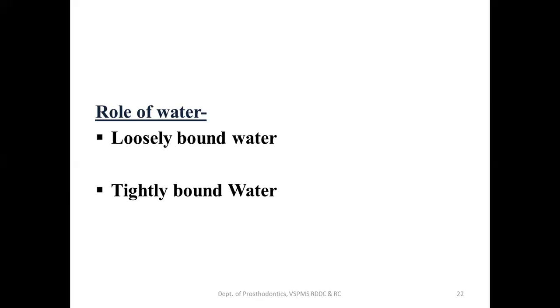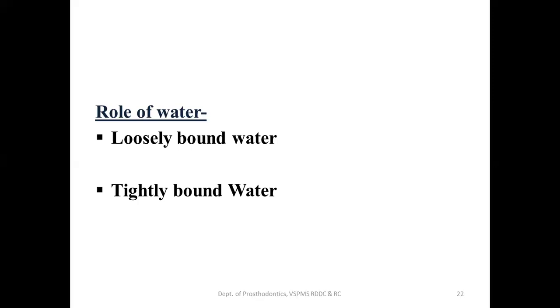During the initial setting, the water is loosely bound and it can be easily removed by desiccation when exposed to ambient air, or any contamination by water at this stage can cause the dissolution of the matrix, causing the release of ions from the polyacrylate chain.